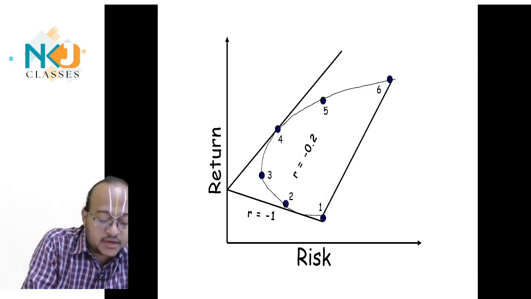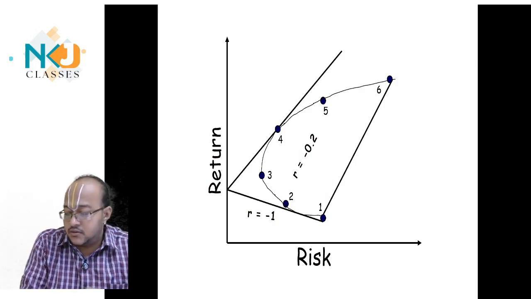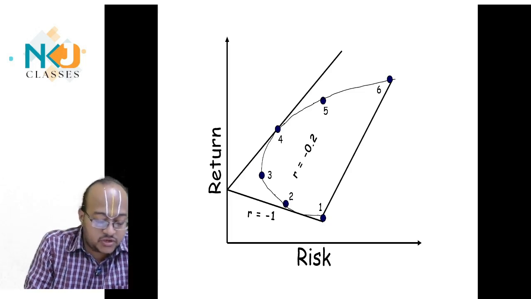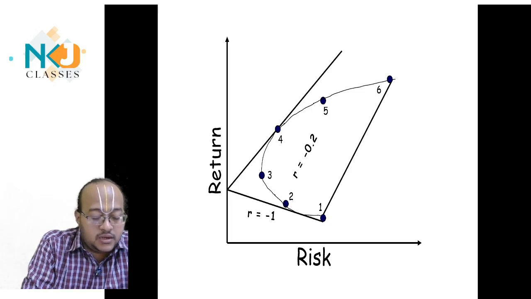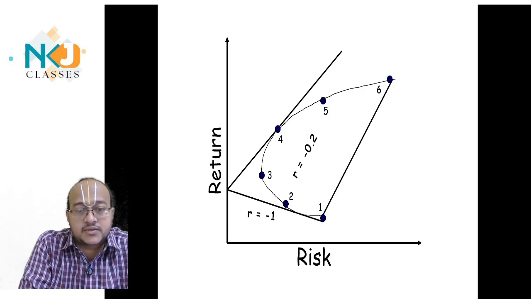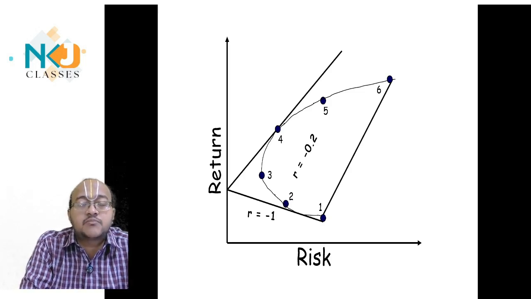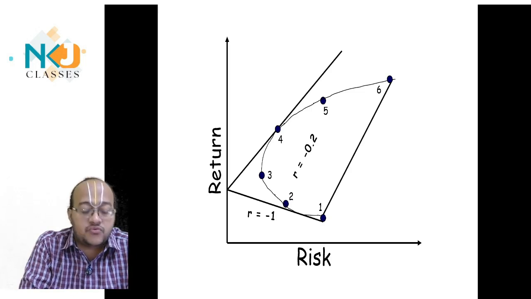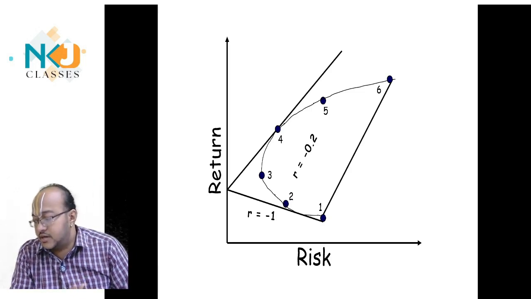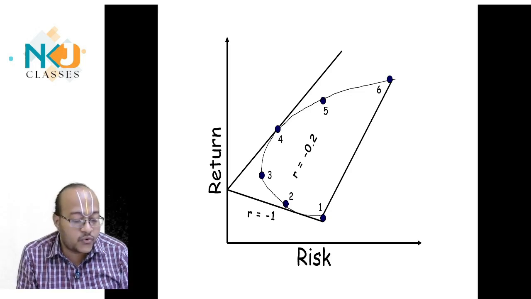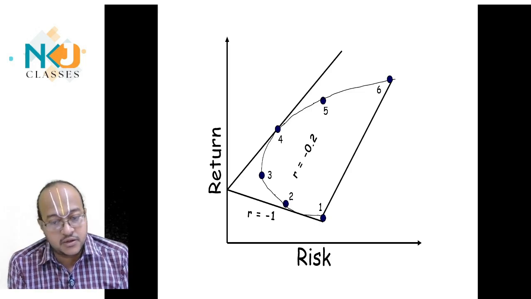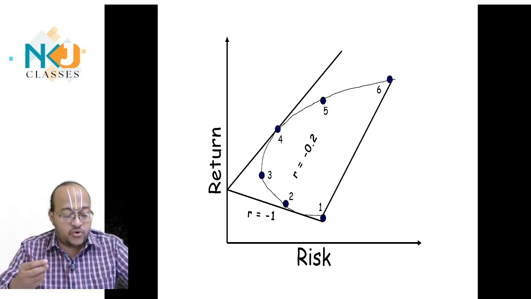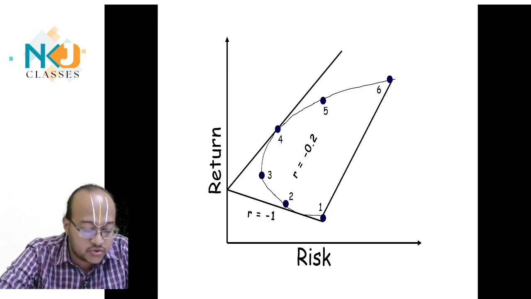The frontier from portfolio 3 to portfolio 6 consists of efficient portfolios. What is efficient? Portfolio 1 and 2 are inferior to portfolio 3. How can you say that portfolios 1 and 2 are inferior to portfolio 3?